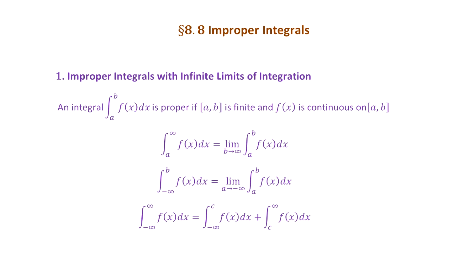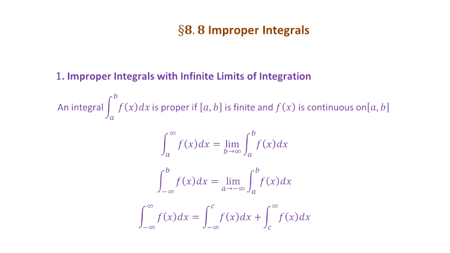Similarly, if you want to find the integral of f from negative infinity to b, it means you want to find the area under the curve on the far left up to b, right? So there's a long tail on the left, and this time we integrate the function from a to b, where a is any finite number to the left of b.